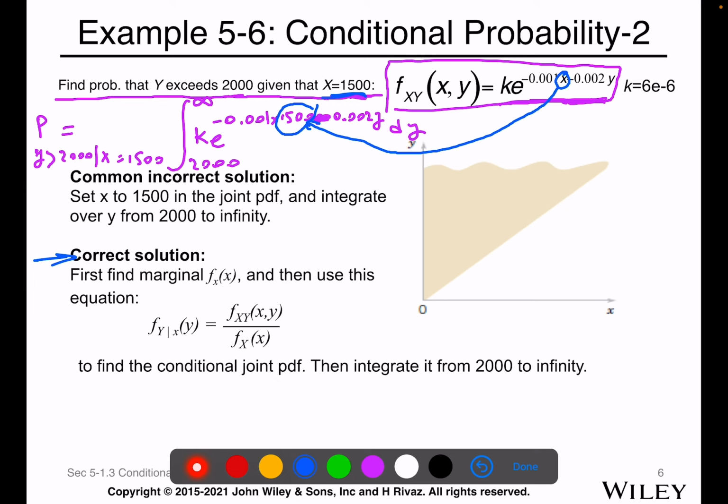First, you have to calculate f of y given x, and to calculate that, first, you have to calculate the marginal probability of x. You divide the joint PDF by the marginal, and once you have this equation, then you are free to set x equal to 1,500. You can't set x equal to 1,500 in the original equation. So this is basically wrong.